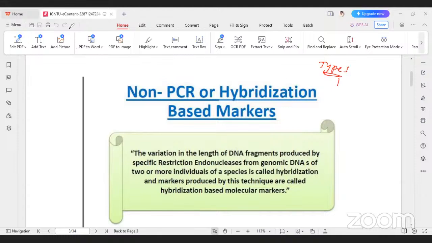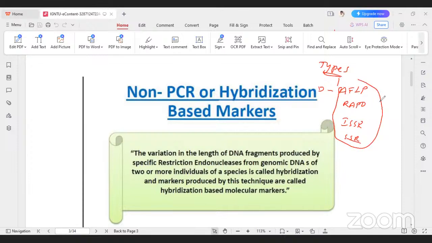First of all, AFLP is a dominant type. AFLP, RAPD, ISSR are dominant.